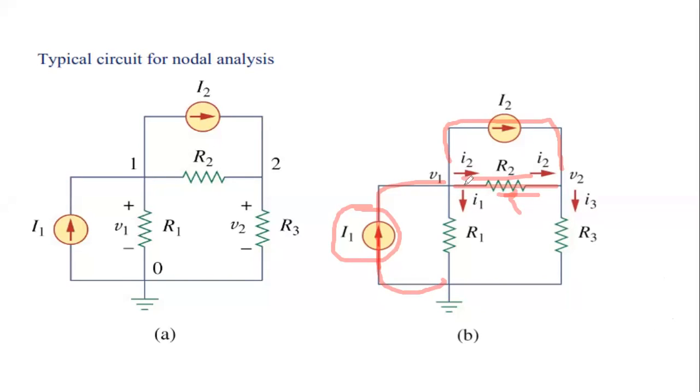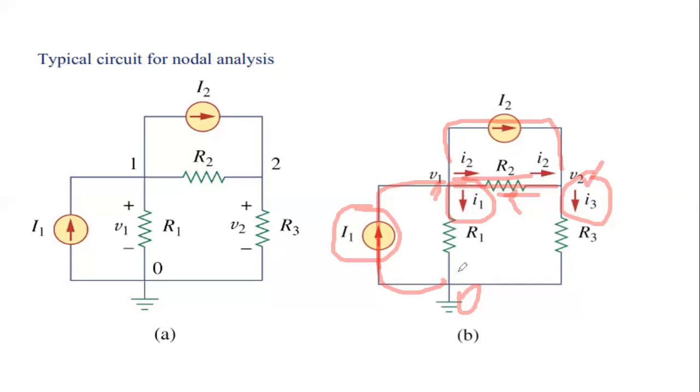Now, direction of I1 and I3. I1 and I3 can be taken in any direction again, but because we take this ground potential as 0, it is better to take the direction of current I1 and I3 as downward, because current generally flows from higher potential to lower potential. We say that this potential V1 is higher, and this V2 potential is also higher.